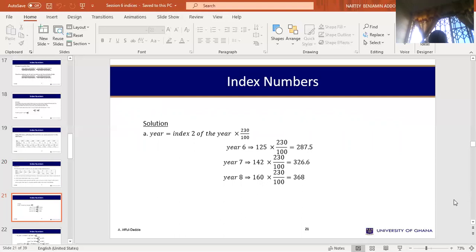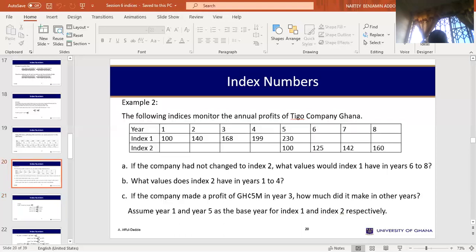Index 2 of the year times 230 over 100. So which one are we calculating? Year 6, year 7, year 8. The 230 is constant. So year 5 is the base year for index 2.